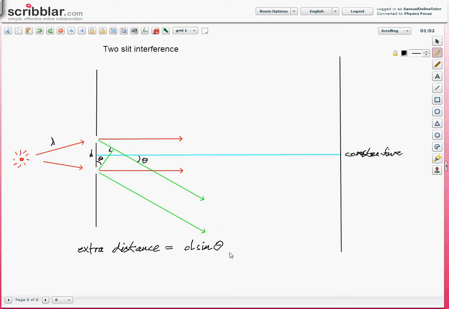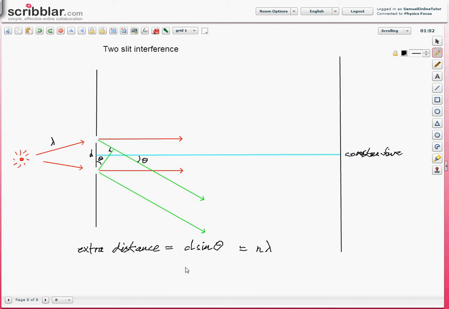If, however, d sine theta, that extra distance travelled, happens to be equal to one wavelength, or indeed any whole number of wavelengths, where n is an integer, a whole number, then that will give us again constructive interference. So if n is 1, that's one whole wavelength further. In other words, it's gone right out of phase and back in again. So these two lines will be completely in phase and will give us constructive interference.